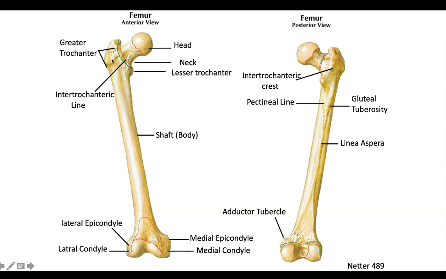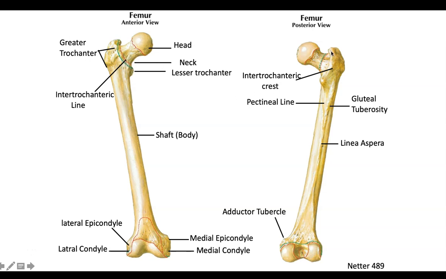The greater trochanter is the larger bony prominence on the upper and lateral aspect of the upper end of the femur. The lesser trochanter is a small conical projection on the medial aspect at the junction of the upper end and the shaft of the femur. Anteriorly, the greater trochanter and lesser trochanter are connected by a bony line, which we call the intertrochanteric line.